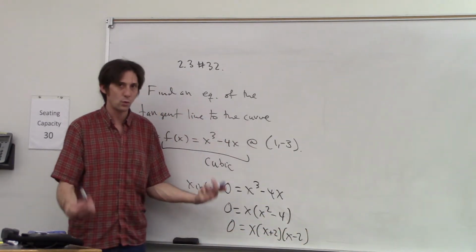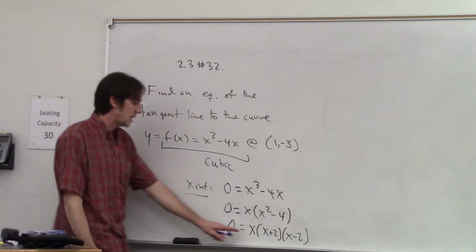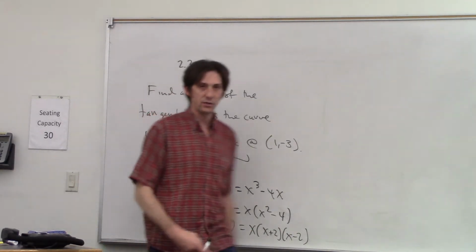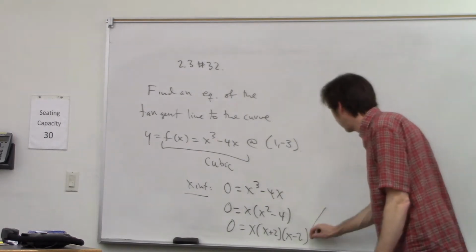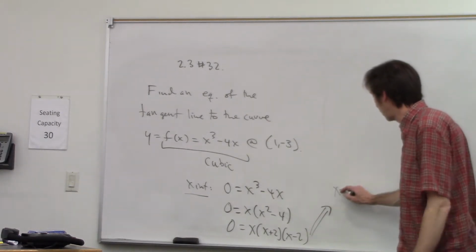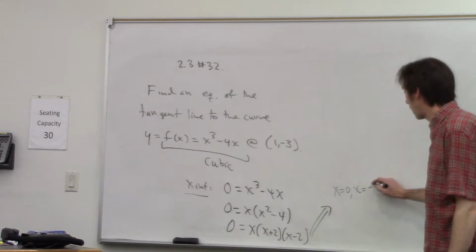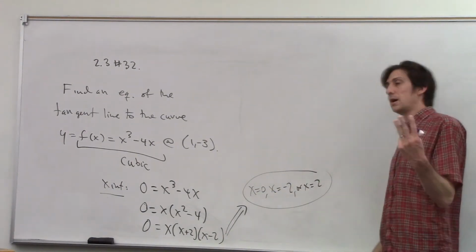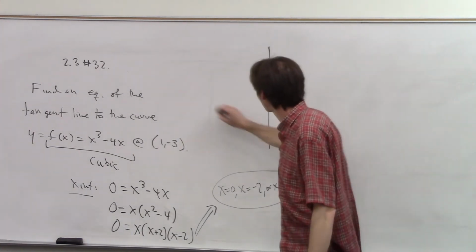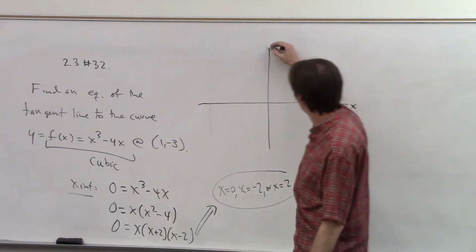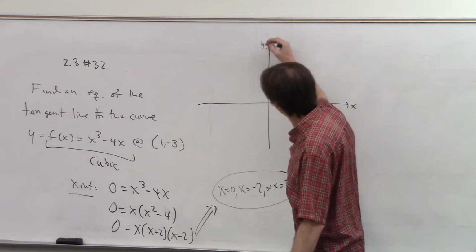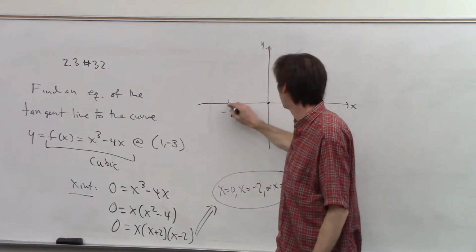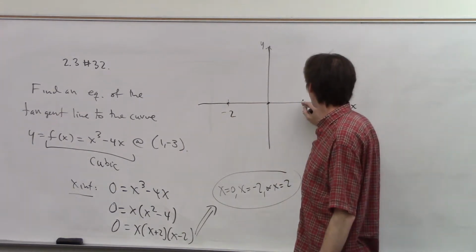Now I'm multiplying three things together to get 0, so one of those three factors has to be 0. In other words, either x equals 0, x equals negative 2, or x equals 2. So I'm getting three x-intercepts: at negative 2, at 0, and at positive 2.